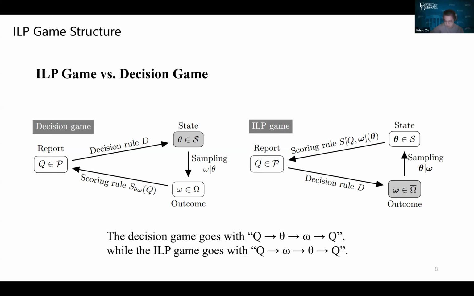The principal, instead of choosing the state, plays an action that depends on the outcome space, taking the agent's beliefs into account. The process flows from the agent's report to the outcome the principal chooses, then to the inferred state, and back to a new report.